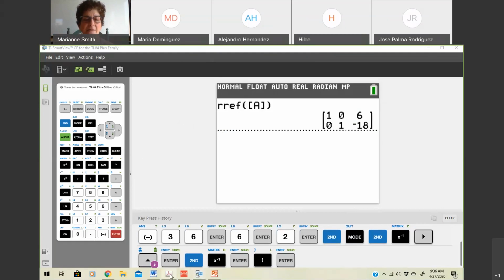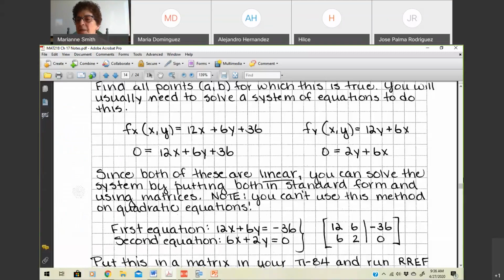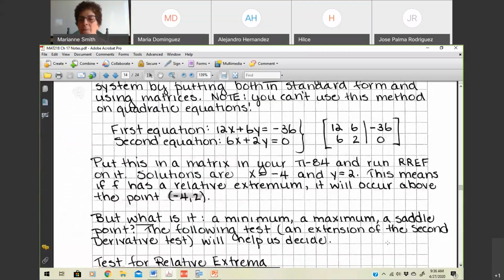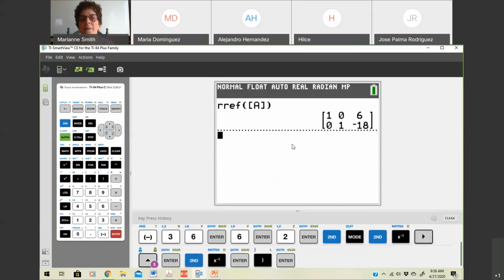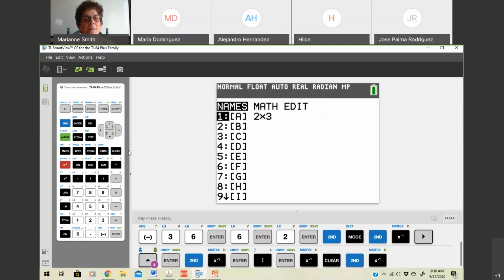Let's go back here to the notes. Okay, and again, I'm showing you what I got. Oh, wait, what happened? Did I copy them wrong? 12 and 6 is negative. I didn't get that value. Let me go back to my matrix. I probably messed up what I typed in. Let's go back to edit.